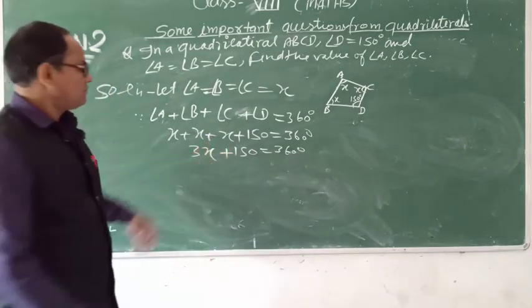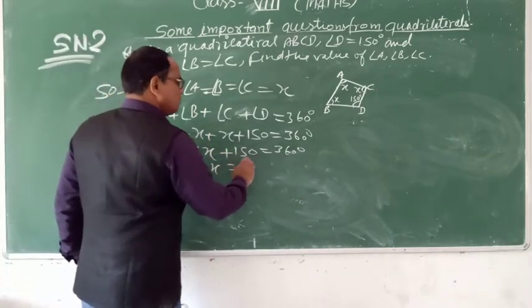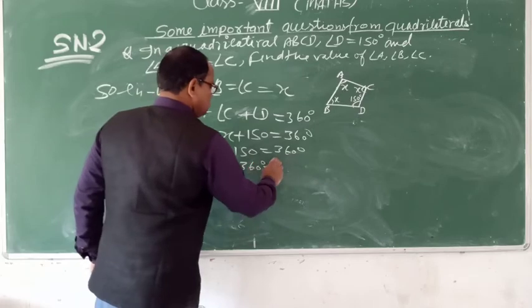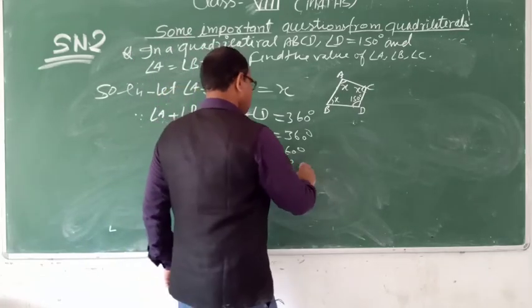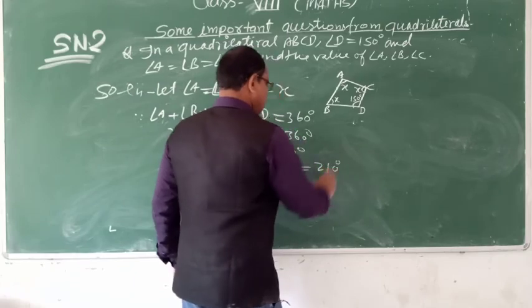Okay then, 3x is equal to 360 degrees minus 150 degrees. Then we get 210 degrees.